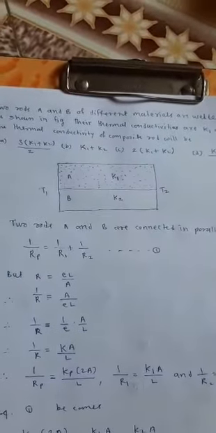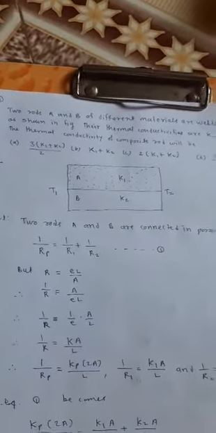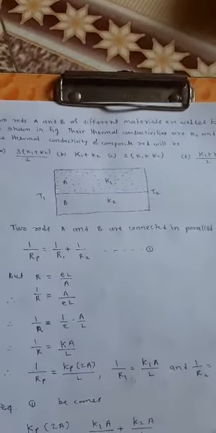Opposition to the flow of heat current is known as resistance. K1 and K2 are the reciprocals of the resistance. They are known as the coefficient of thermal conductivities, meaning thermal conductivity, reciprocals of the resistance.